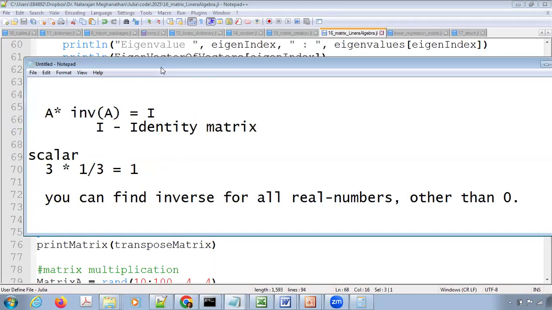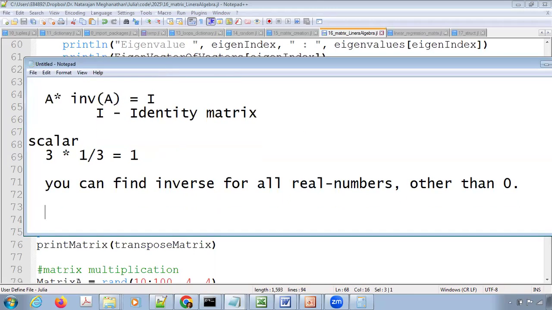Why can you not find an inverse for 0? Because it would be 0 multiplied by 1 over 0. 1 over 0 is infinity, so 0 times infinity is not 1. So we cannot find an inverse for 0.